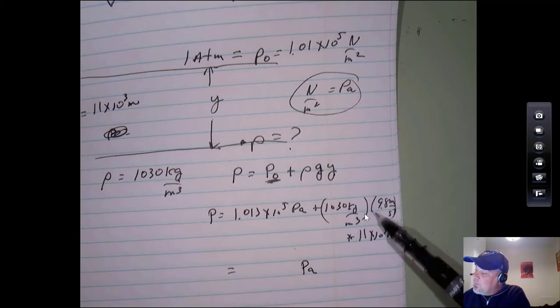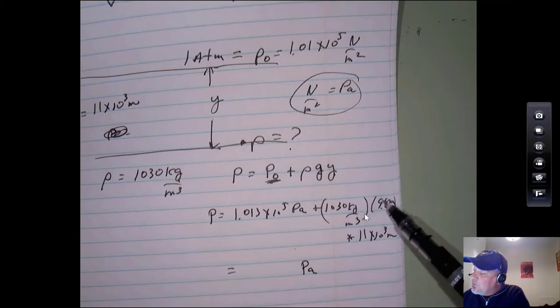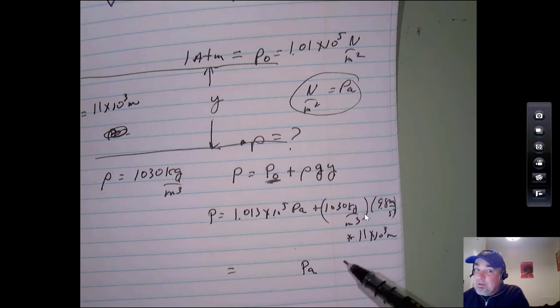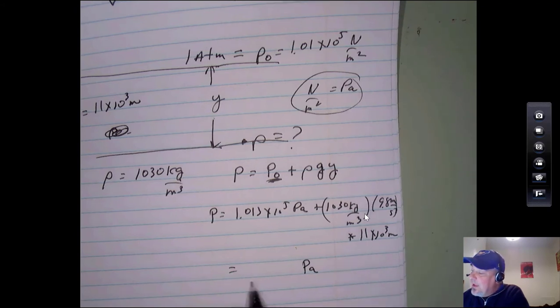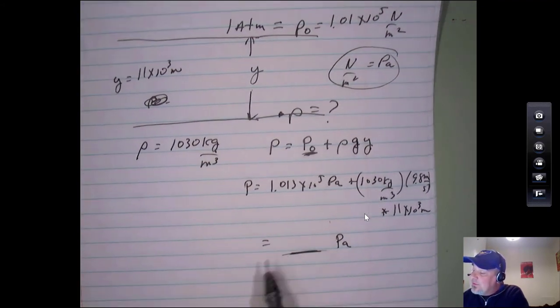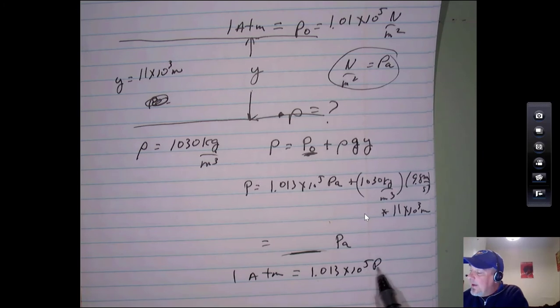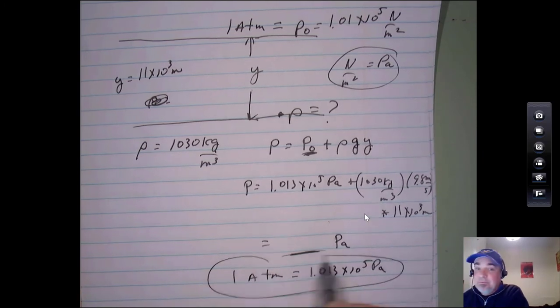If you notice, this part will come out in newtons per square meter, kilogram meter per second squared, and then per square meter. This will come out in pascals. Then you'll have to turn it into atmospheres, and here's the conversion factor. 1 atmosphere is 1.013 times 10 to the 5th pascals.